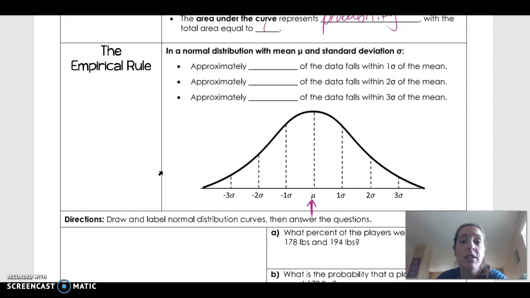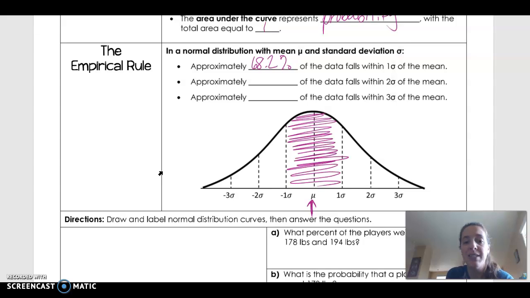Remember, standard deviation is how far away the data is from the mean. I know that 68.2% of my data falls within one standard deviation. So this purple would encompass 68.2% of all of the data in this set.